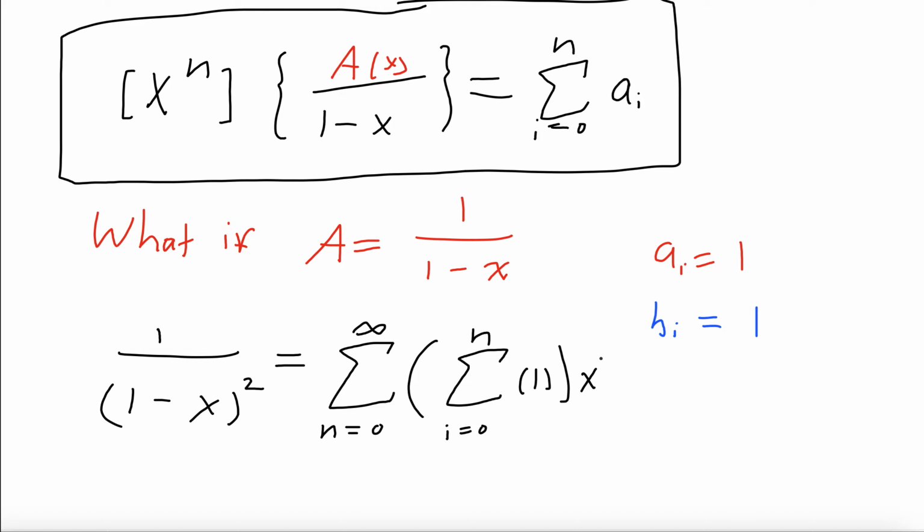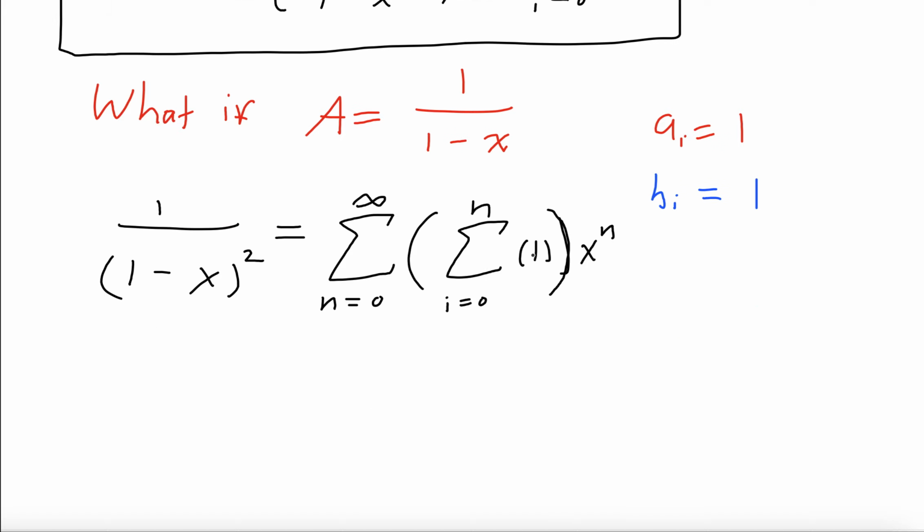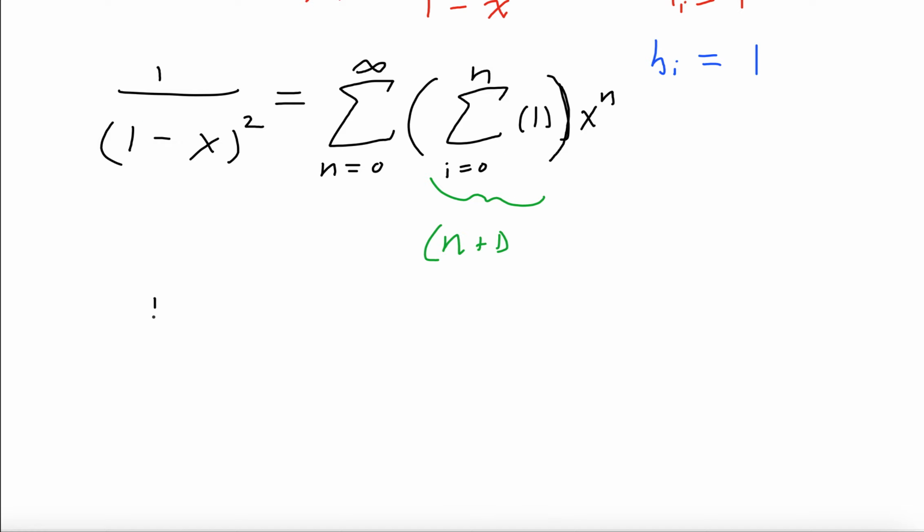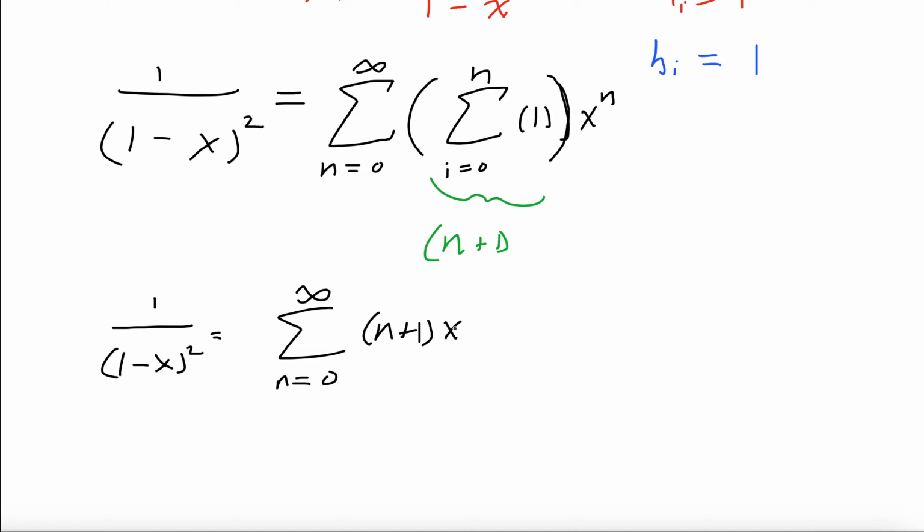And you multiply that by x to the n on the side. Then what is the sum as i goes from 0 to n of 1? Well, that's just a constant, and you're just adding 1 together a total of n plus 1 times, because you're going from 0 to n, which means that the result here becomes n plus 1 as such. So then 1 over 1 minus x quantity squared should equal the sum as n goes from 0 to infinity of n plus 1 x to the n.